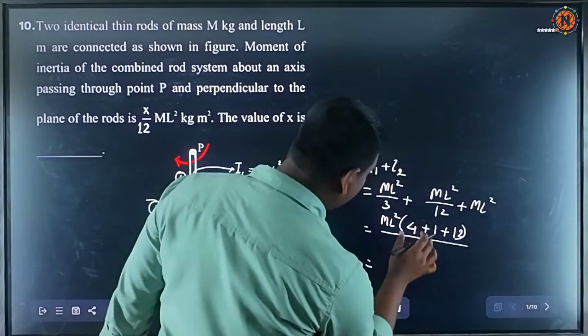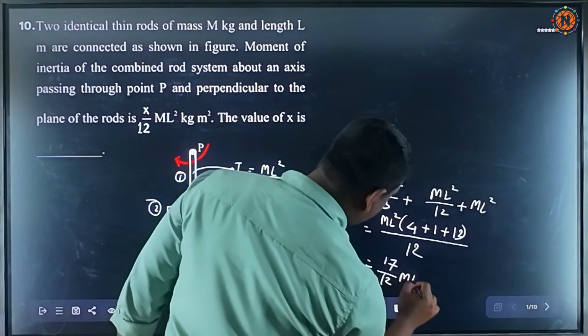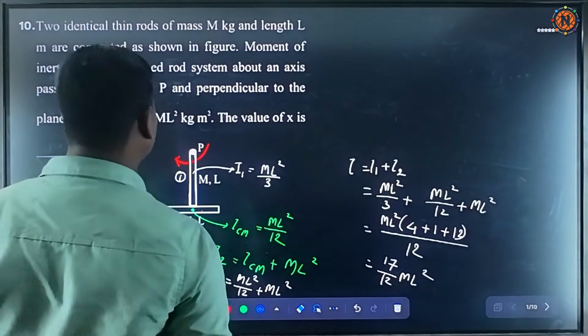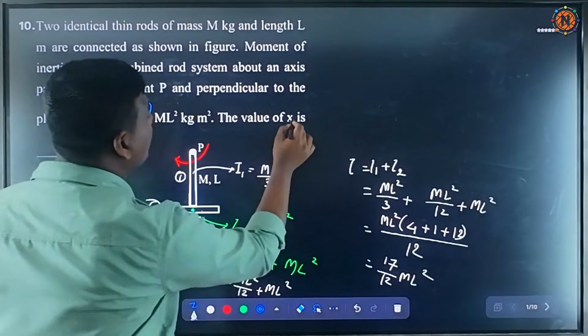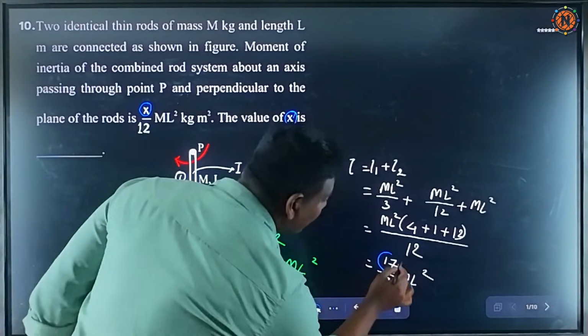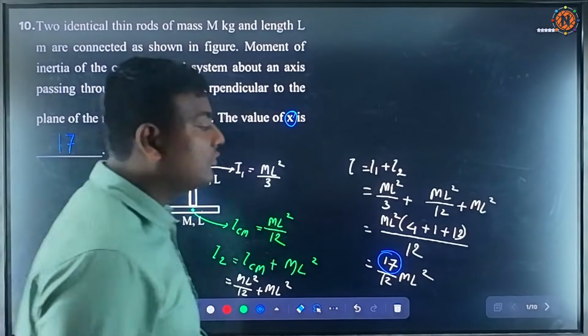So that is 4 plus 1 is 5, 5 plus 12 is 17 by 12 m L square. So we need to find the value of x. This is given as x by 12 m L square, and we need to find the value of x. So x will be 17. So the answer will be 17. Okay. Let's go to the next question.